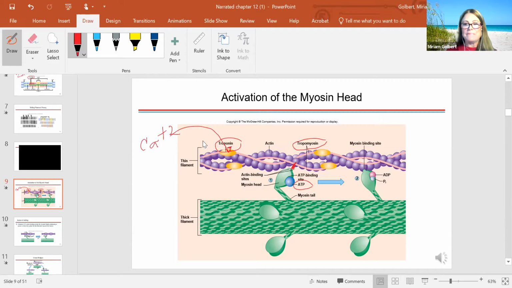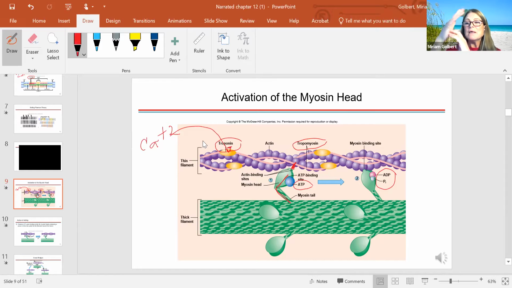Okay, so look at ATP here, right? And look at the shape of this head of the myosin, right? But then when ATP hydrolyzes or breaks down into ADP and inorganic phosphate, that's when the head of the myosin does that movement, that cocking or pivoting, or the proper name is called power stroke.